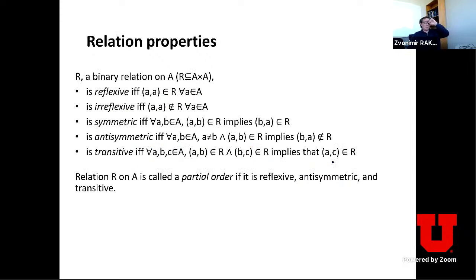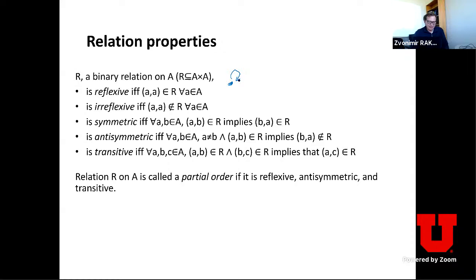Okay. Switching to relations, which is what we covered in the last two lectures. This is just a reminder about all the possible relation properties that we covered. If R is a binary relation on A, then R is reflexive if and only if A comma A is an element of R for all A in A. If you remember the way Bay explained this, when you draw a diagram, all elements should have a loop around them.